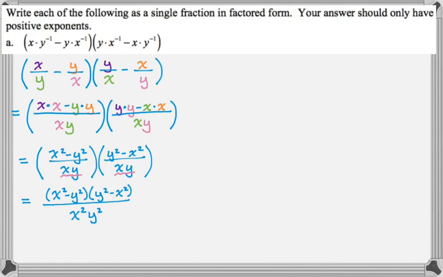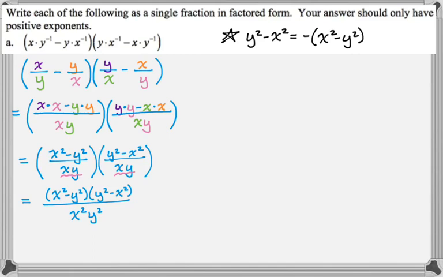Now what I'm going to do is take a look at this because I have a y squared minus x squared, and that's actually equal to the negative of x squared minus y squared. So just factor out a negative 1. If you try distributing that, you'll get back to negative x squared plus y squared, which is definitely the same as y squared minus x squared.